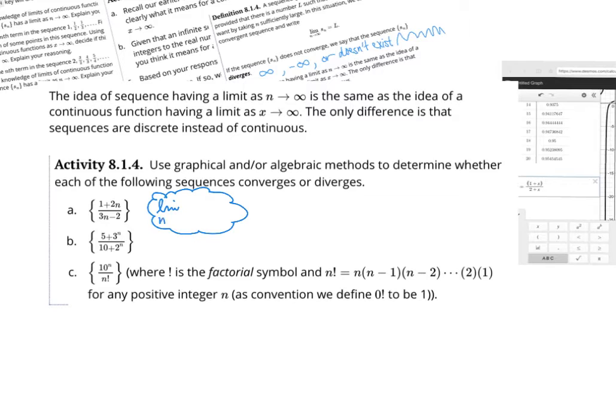the limit as n goes to infinity of (1 plus 2n) over (3n minus 2). And we could pretend that the n here is actually an x, because what we're trying to say here is that taking the limit of a sequence as n goes to infinity is similar to, and going to give us the same result as, taking the limit as x goes to infinity of a continuous function.